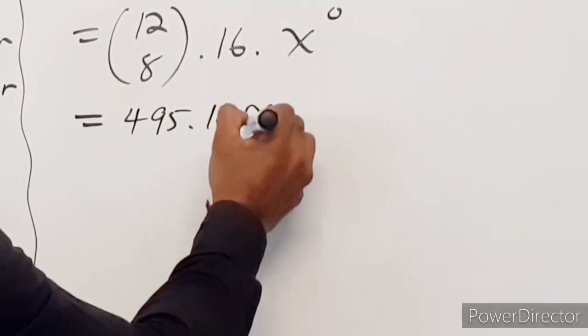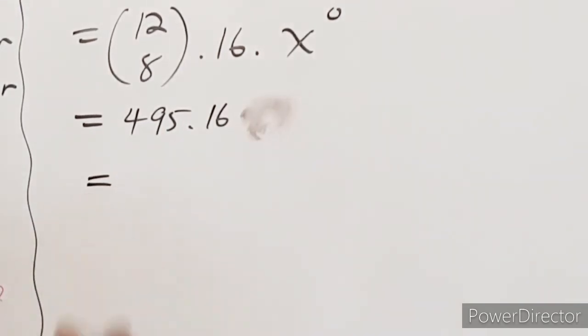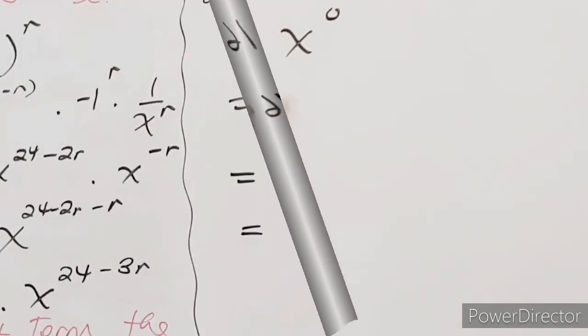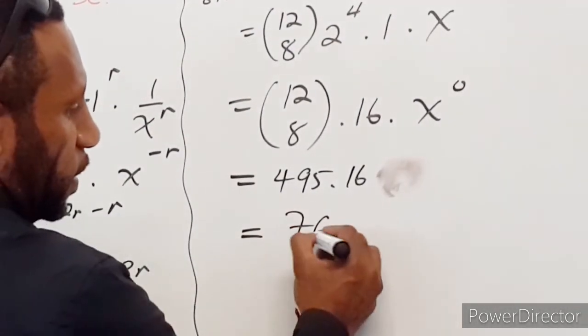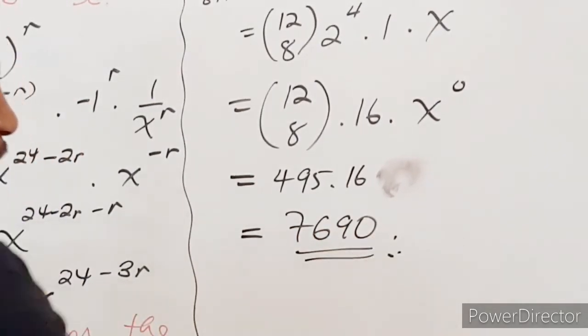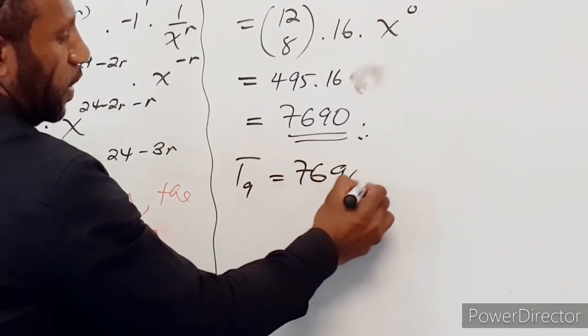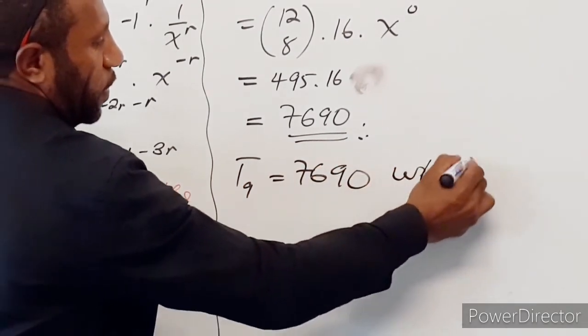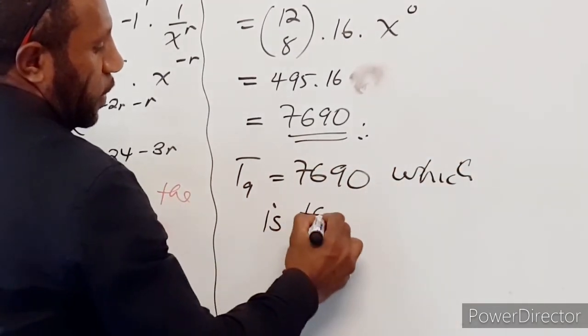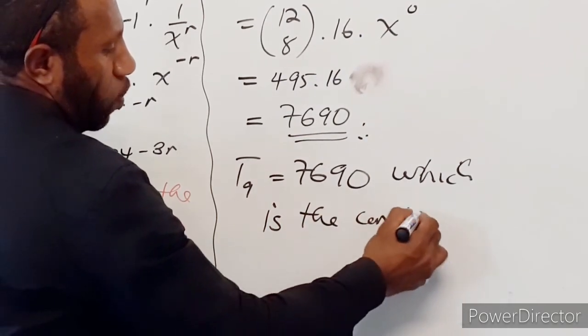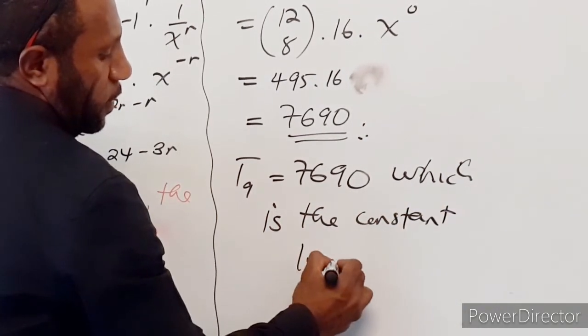Times 16, x to the power of 0 is just 1. So 495 times 16 is 7,920, which is the constant term.